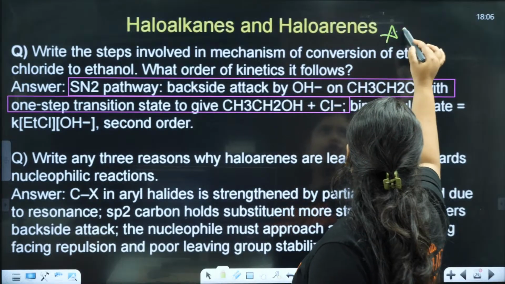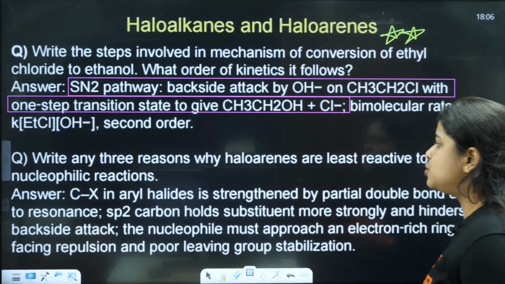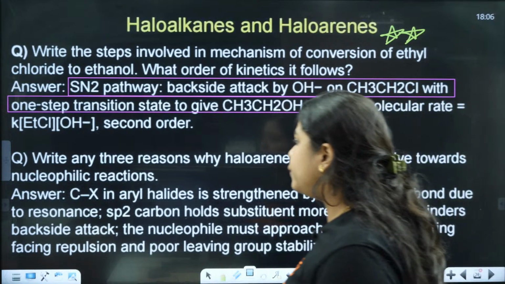This is also an important question, guys. Write any 3 reasons why haloarenes are least reactive towards nucleophilic reaction.